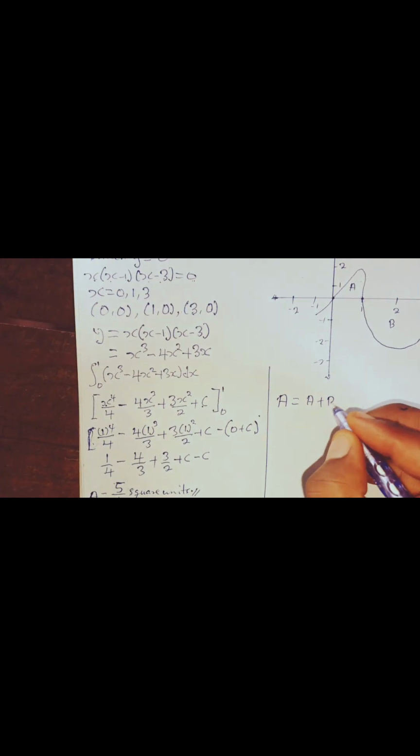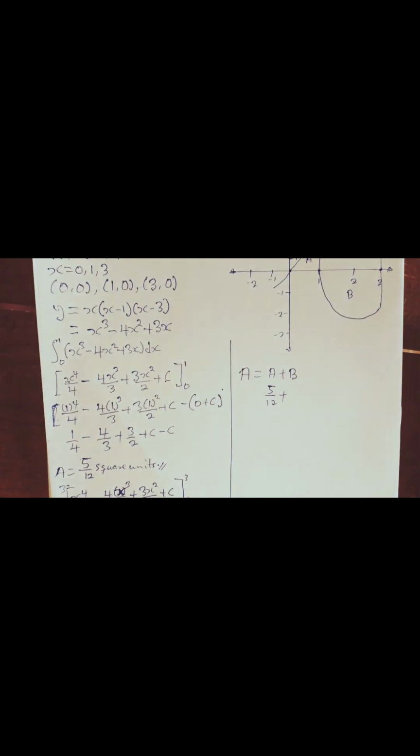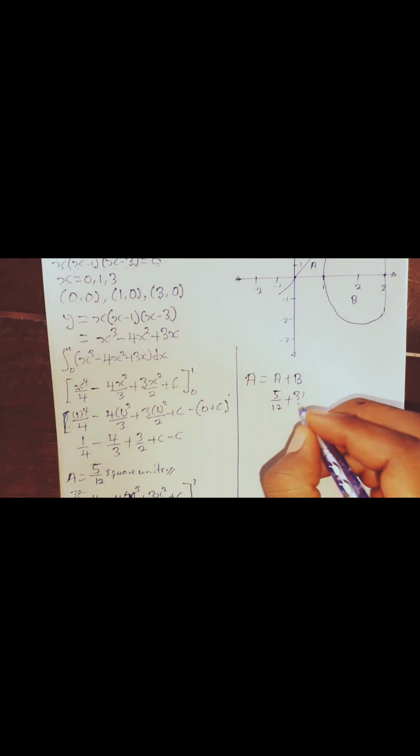So what I'll do next is to find the area. So let me conclude it here. You know, the total area gives me the area A plus area B. Then area A, I had 5 out of 12 plus area B, I have 31 out of 36.